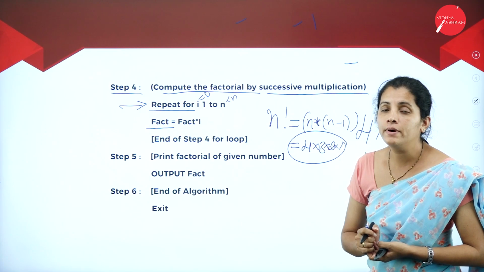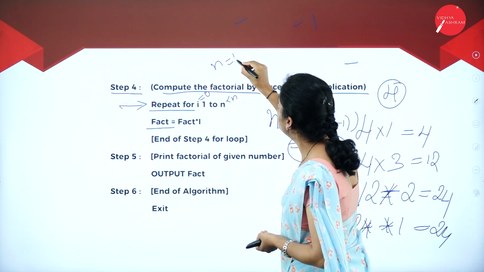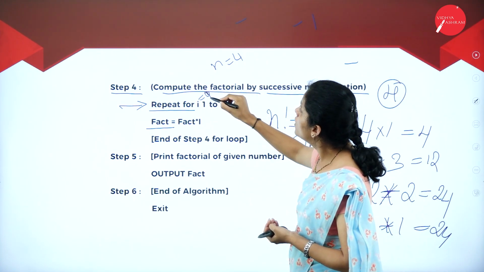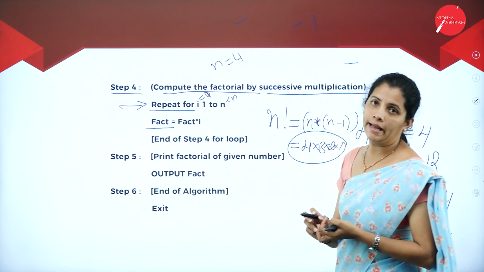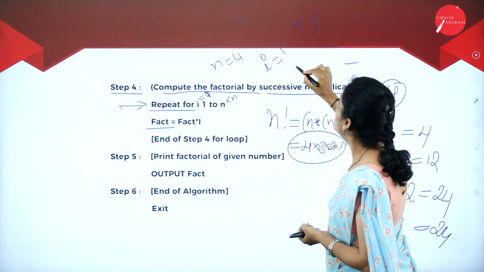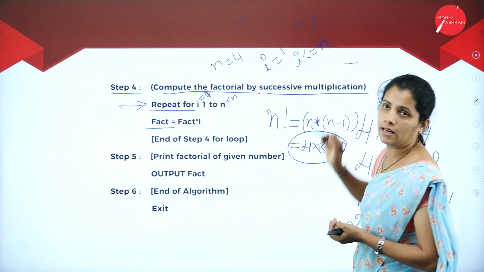According to the example, what is n value? Here, n value is 4 and my for loop starts from 1 to n. That means I equal to 1 and I less than or equal to n.